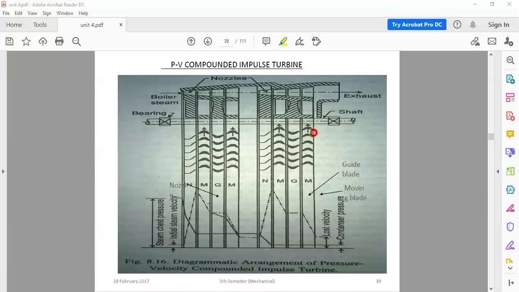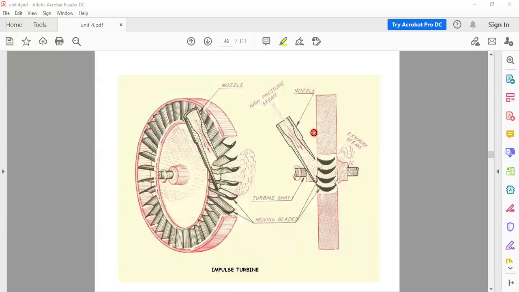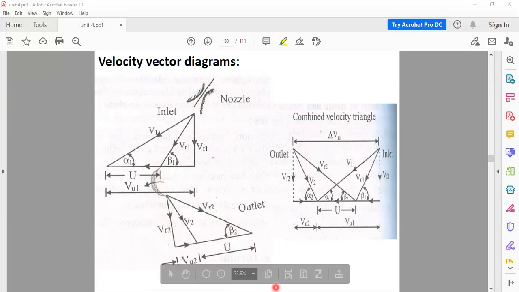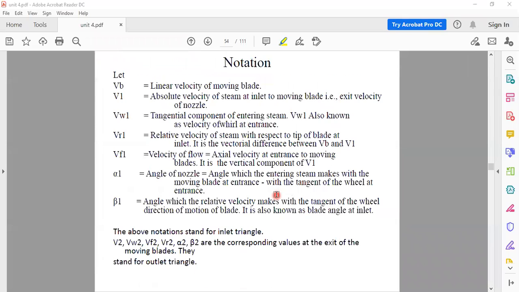Any doubt, any queries, please ask me. In compounding, pressure compounding, velocity compounding, pressure velocity compounding, any doubt, any queries, please ask me.